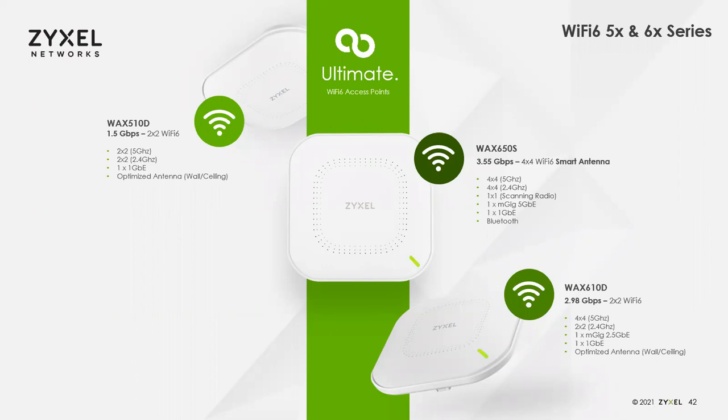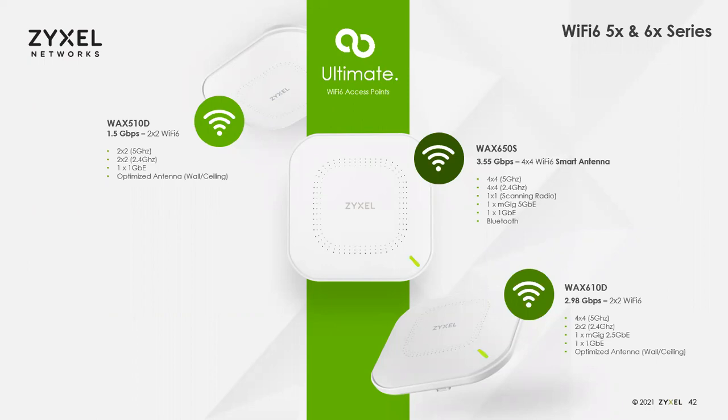And then our flagship product here is the WAC 650S. So this is our fastest access point, providing 4x4 Wi-Fi 6 on both the 2.4 and the 5 gigahertz radios. It has a third radio that's just there for monitoring, for instance, for DFS channels. So if you get interference on a DFS channel, the device already knows which channels it can start broadcasting on.